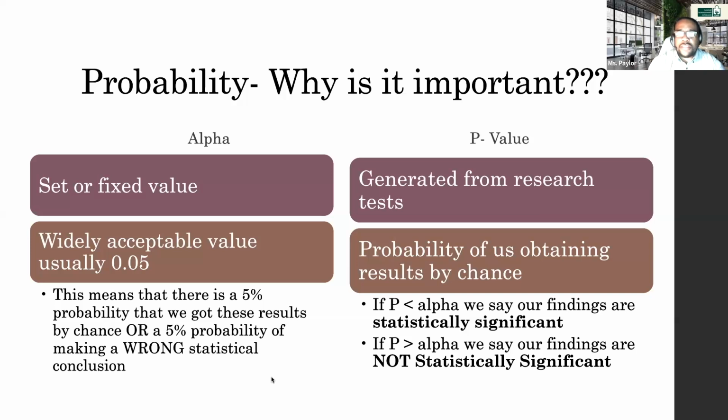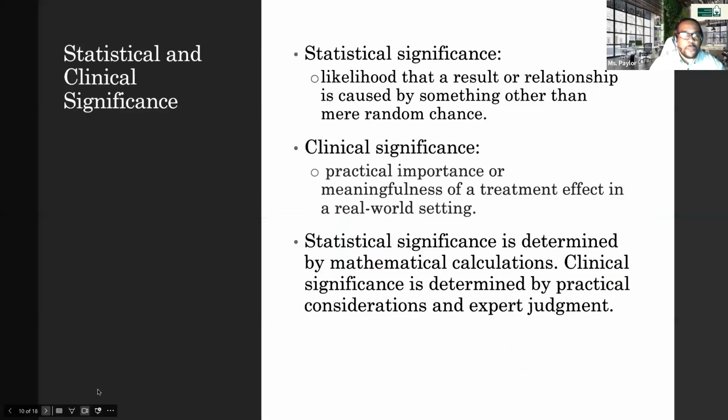And there's a lot of things. Some people are hoping that their research will be statistically significant at the end of the day, as we go through the painstaking process of doing a study and putting our data together. But that's not always the end of the story, because there's something that we also refer to as clinical significance.